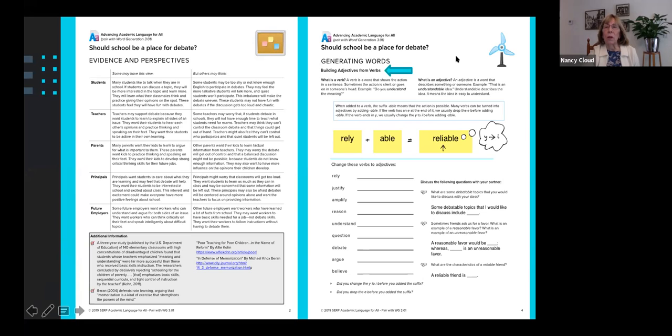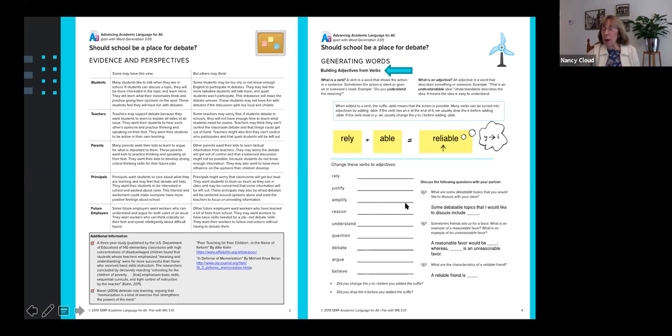Another thing that wasn't in the original unit that was designed for ELLs was to teach them something about how words work. And this one is about building adjectives from verbs. So all of these take place in this topic. And so I would teach them to go from rely to reliable, justify to justifiable, amplify to amplifiable, and so forth.